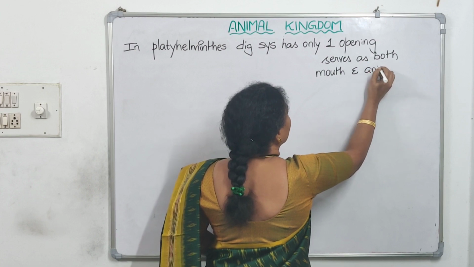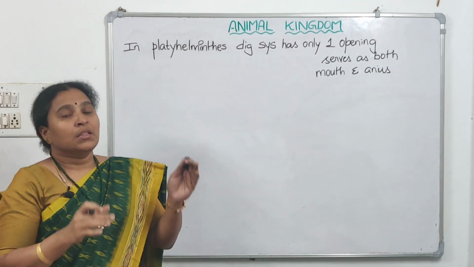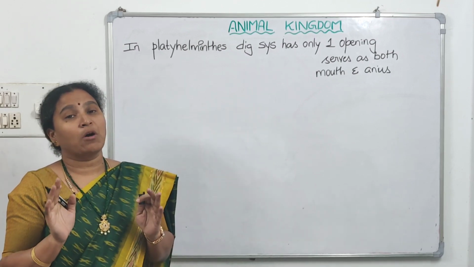In the phylum called Platyhelminthes, the digestive system has only one opening. Through that opening, food will come and undigested food goes out. It serves as both mouth and anus.